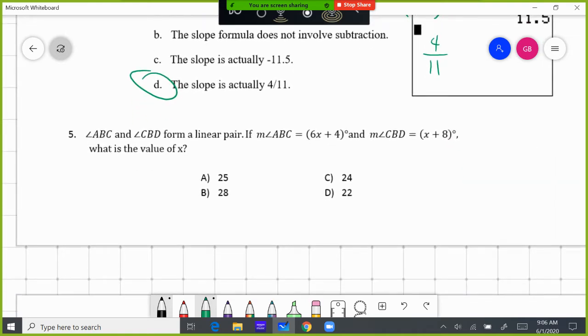Number 5, angle ABC and angle CBD form a linear pair. So that means that they add up to 180 degrees. ABC is 6x plus 4. CBD is x plus 8. What is the value of x? So you want to add up these two expressions, and they're supposed to sum up to 180.